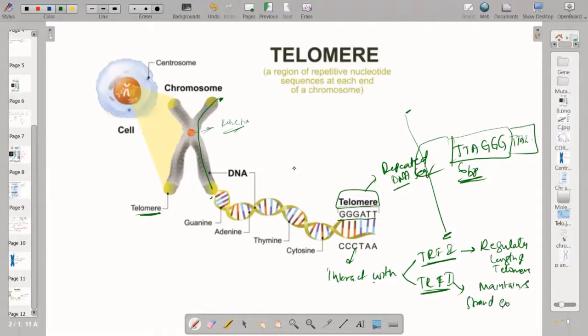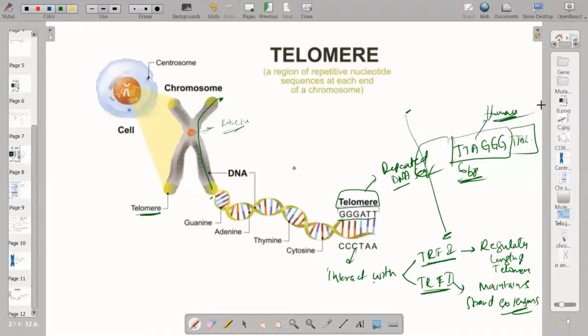These are the two functions of the two proteins associated with the telomeres, which are nothing but the ends of the DNA in a chromosome. The telomere has the repeated sequence GGGATT or TTAGGG, in the case of humans.